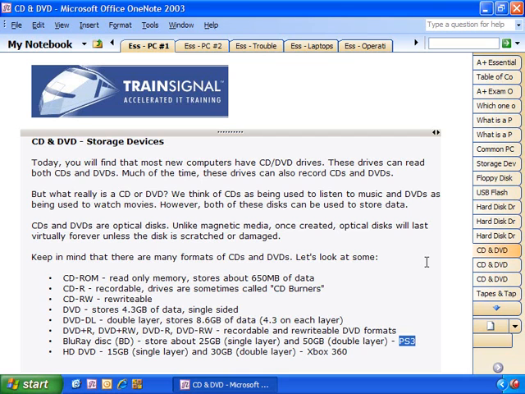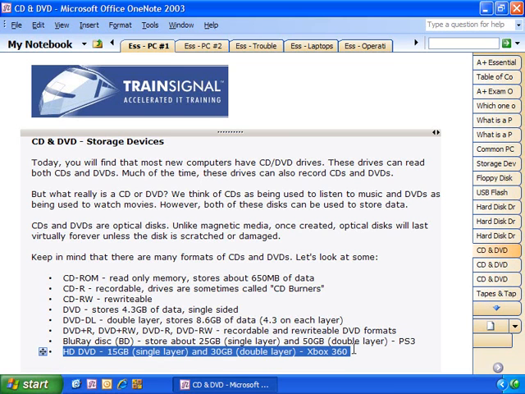You can also get movies, high definition movies, on your Blu-ray disc and watch high definition movies on a high definition TV. The other competing standard, there's not really a standard yet for high definition DVD. The other competing standard is HD DVD, and it holds about 15 gigabytes on a single layer and about 30 gigabytes on a double layer.